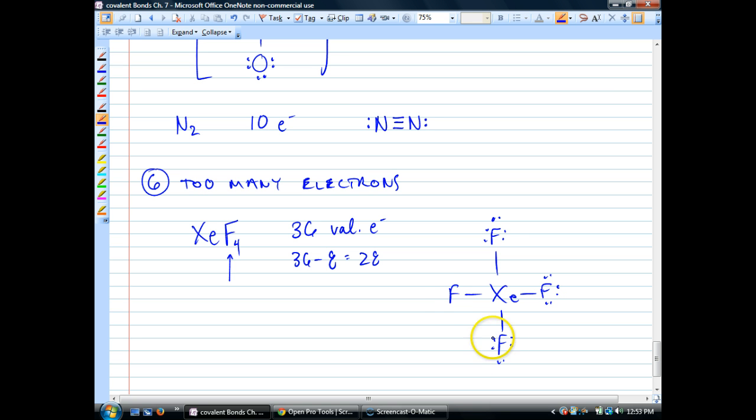I've got 4 extra electrons to do something with. What do? You put them around the central atom in pairs. You basically just have to stow them somewhere, so you're going to put them in the middle. Put them in pairs around the central atom.